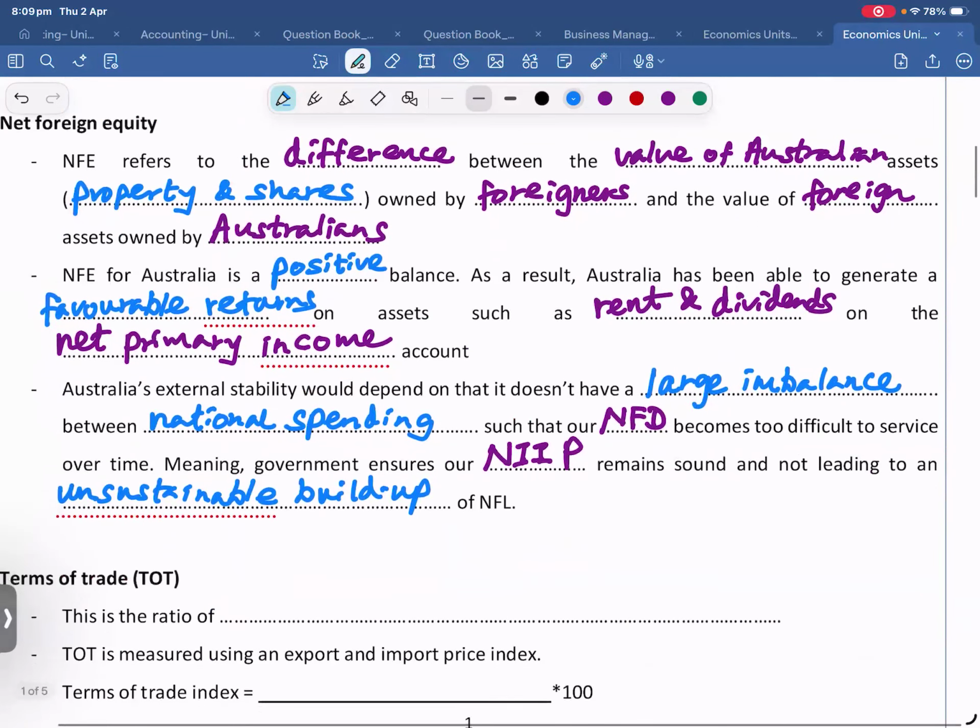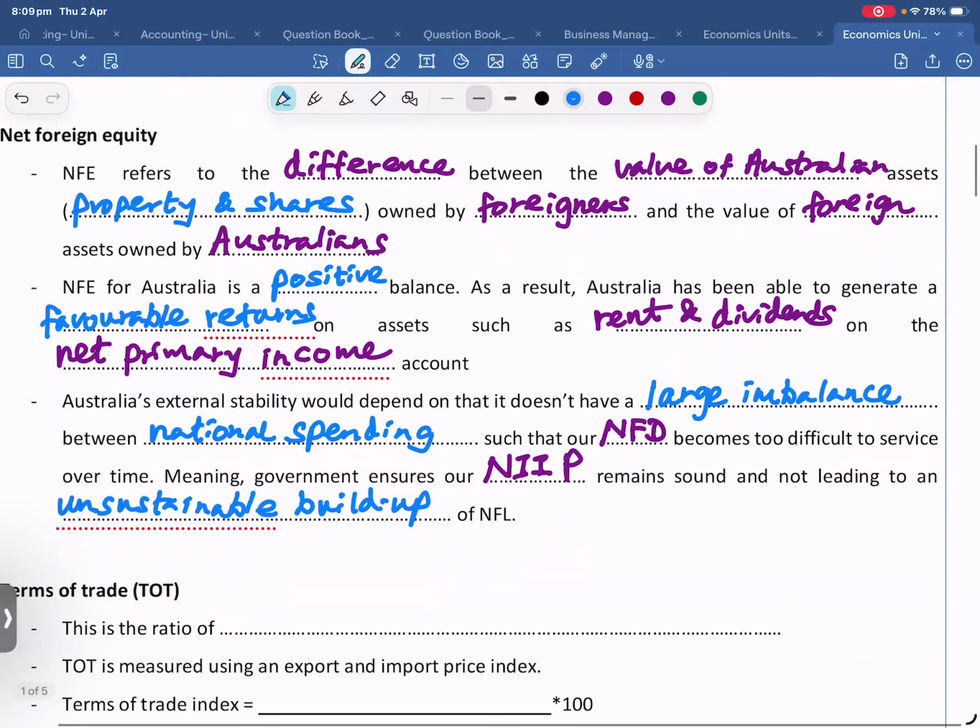However, guys, the Australian government's objective is not to increase or build up the net foreign debts. They want to maintain it at a sustainable level, because if it goes to an uncontrollable level, it is going to affect our credit rating.